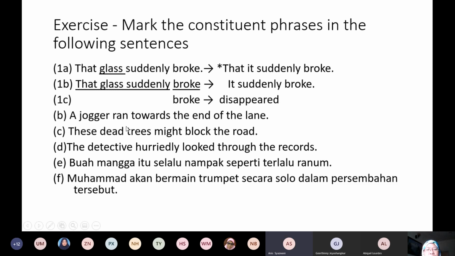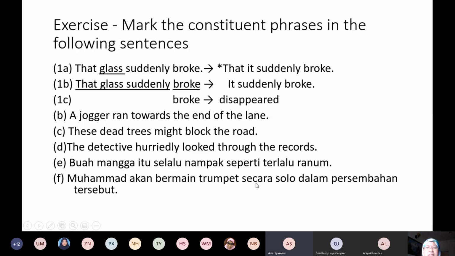So bermain adalah satu konstituen, lepas tu akan, lepas tu bermain apa? Bermain trumpet, so trumpet is another constituent. Bagaimana dia main? Secara solo. So ini merupakan satu konstituen lah. Tapi secara solo ni kalau kita kata bermain macam mana, kita tak boleh kata bermain secara.